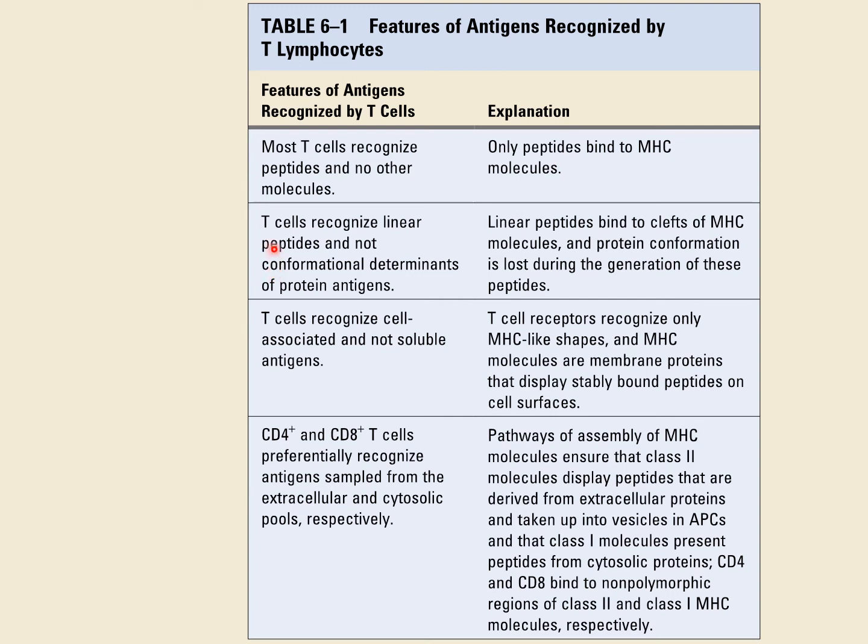The second feature is that T cells recognize linear peptides. Why linear peptides? They cannot recognize conformational determinants, because the peptides displayed by MHC are processed in the antigen presenting cell, so they are not in their native form. They are in the form of short peptides. That's why T cells can only recognize short, linear peptides.